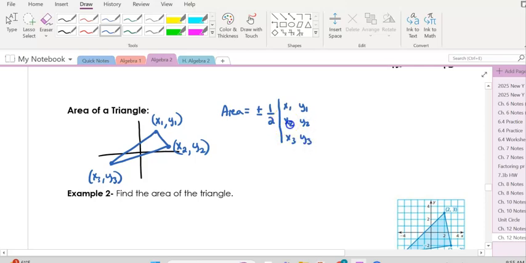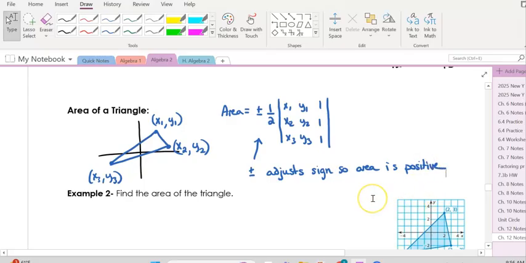But remember, you can only find the determinant of a square matrix, so fill in that last column just with ones. All right, and so the reason why it is a plus minus, it adjusts the sign. So like if it comes out negative, you turn it into positive because the area has to be positive. Always. It's a positive measurement.